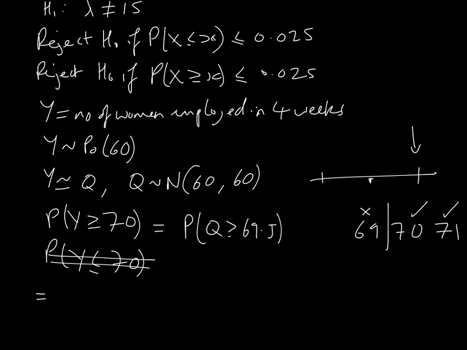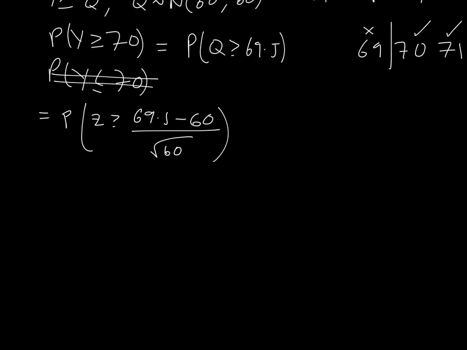So now we need to standardize that. So that's the same as the probability that Z is greater than or equal to 69.5 minus 60 over root 60.